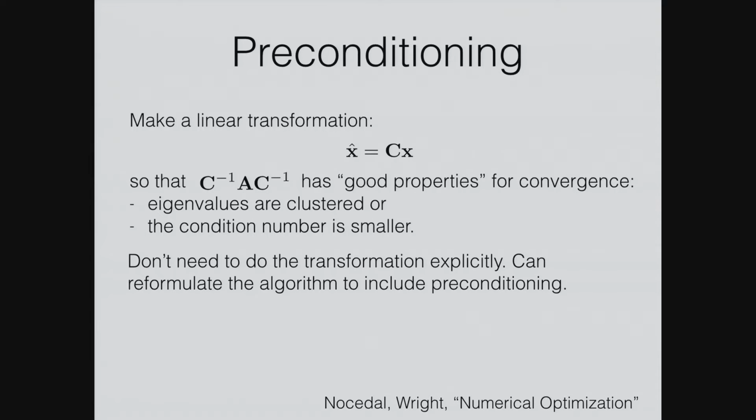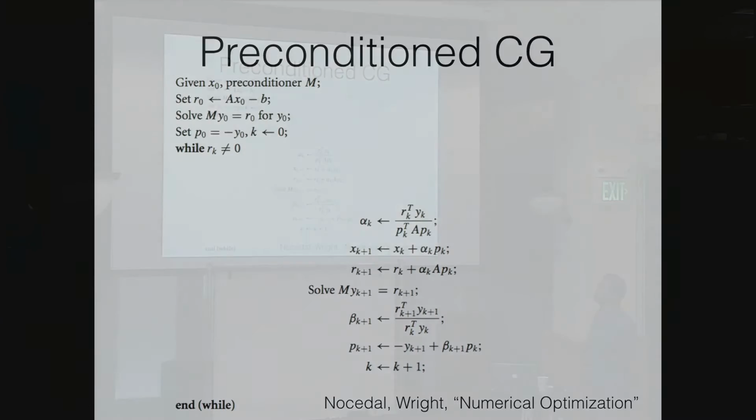Either try to get your eigenvalues clustered with each other, or try to make that Euclidean condition number as small as possible. It will usually depend on the problem that you're trying to solve and some actual knowledge about the problem. Then you might be able to find a good preconditioner.